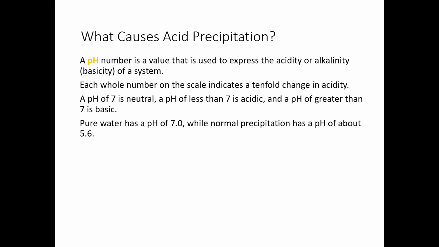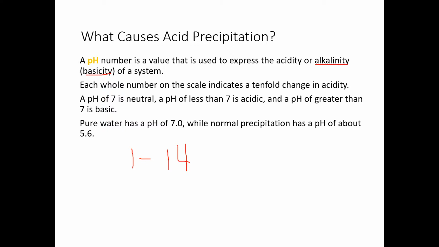So what is pH? pH is a way that we measure how acidic or basic, the opposite of acidity, something is. Alkalinity and basicity are synonyms. The pH scale goes from 1 to 14, where 1 is more acidic and 14 is more basic, or less acidic.